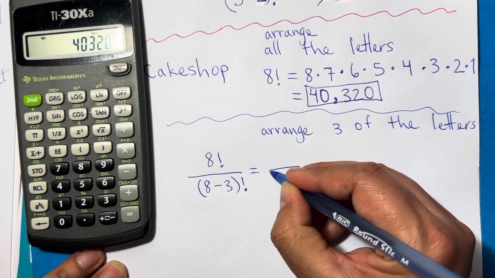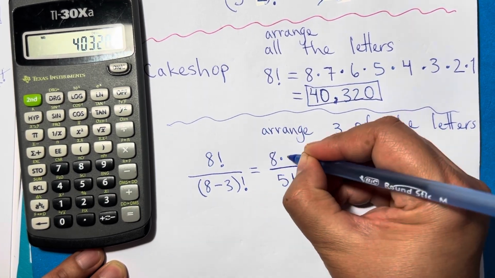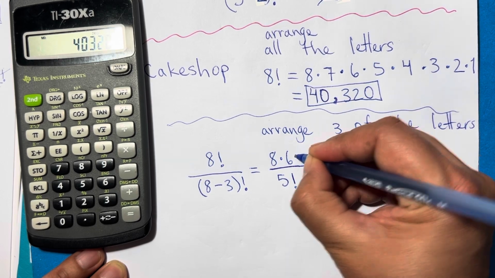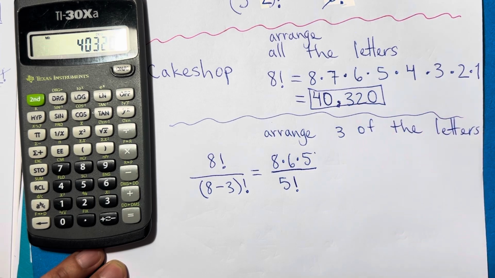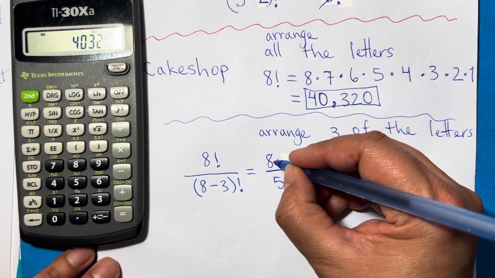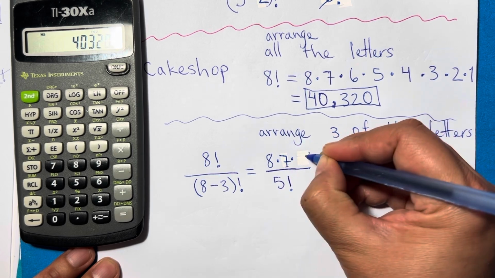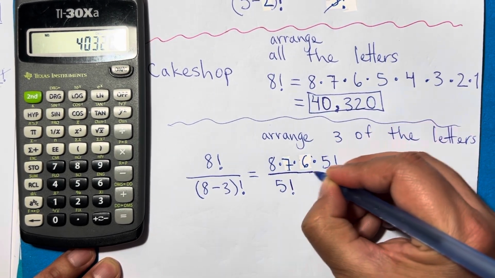Do the denominator first so that you don't go over in here. And now we put 8 times 7 times 6 times 5 factorial.